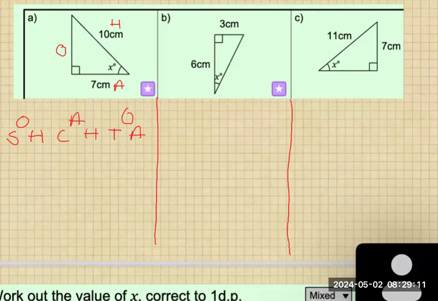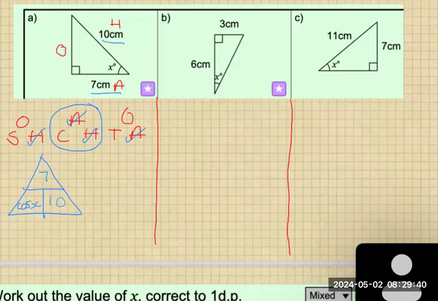If I go through and tick what I have, I have the hypotenuse and the adjacent, they are both together in the cosine ratio. So if I fill in my cosine ratio, I'm looking for the angle, so that can stay as x. My adjacent is 7, and my hypotenuse is 10.